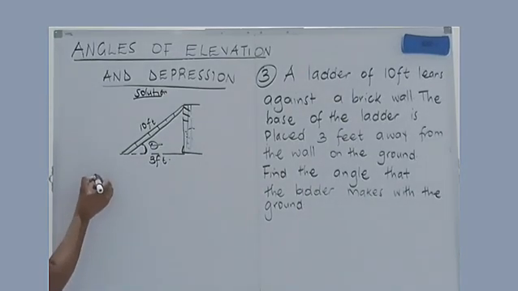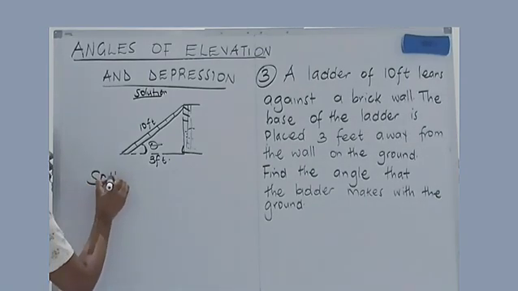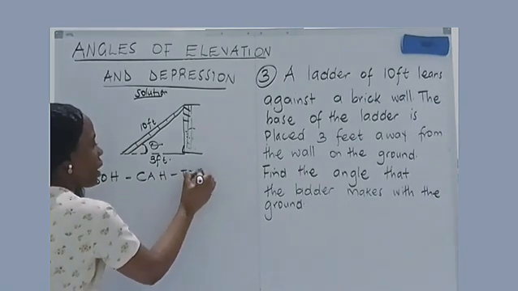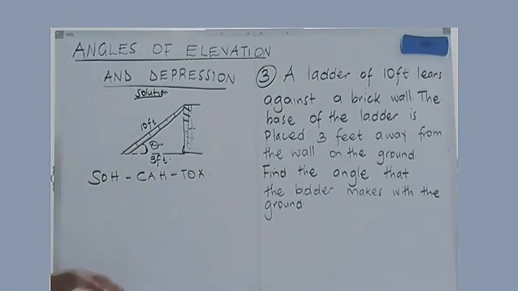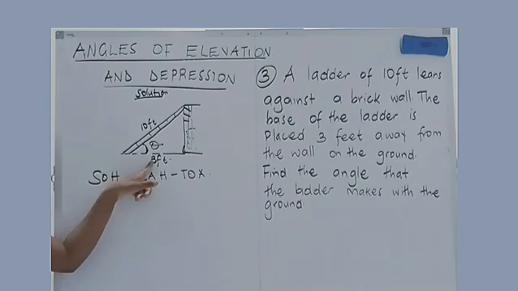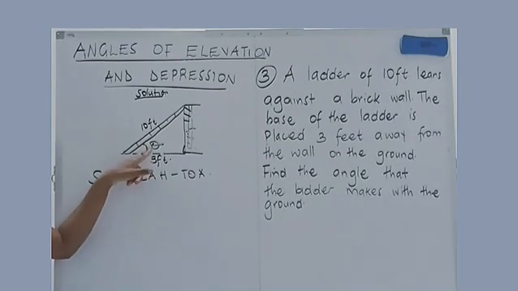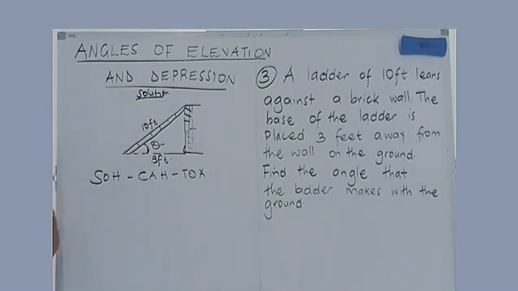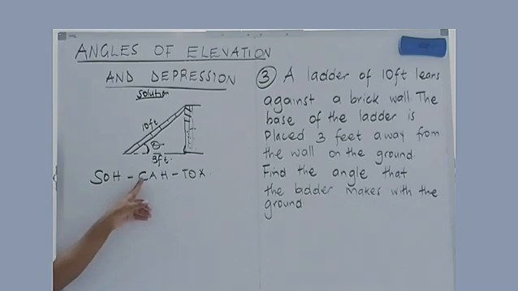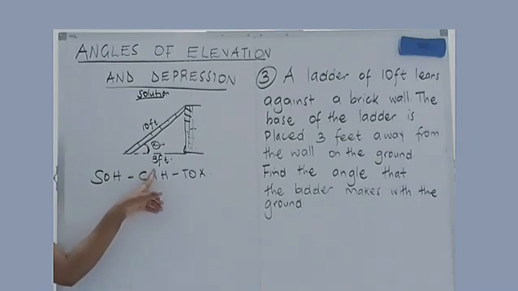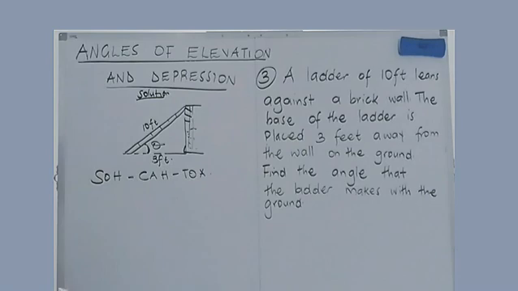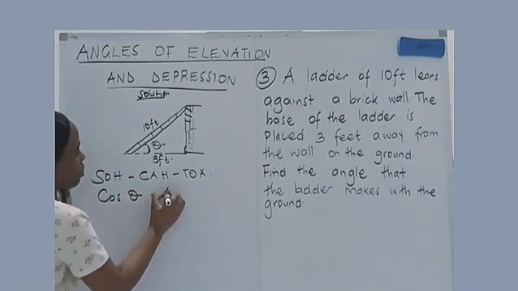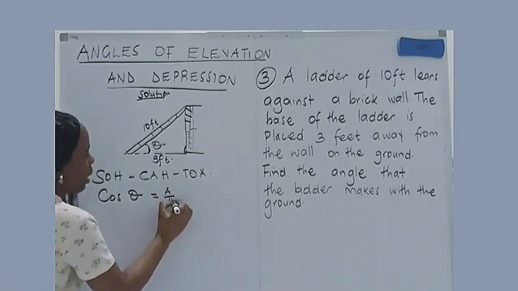Now, still we are going to use our SOHCAHTOA. You ask yourself, this is the adjacent, where the angle sits, and this is the hypotenuse. So which ratio can I use? I'm going to use cos, which is adjacent over hypotenuse. So we shall say cos theta is equal to adjacent over hypotenuse.